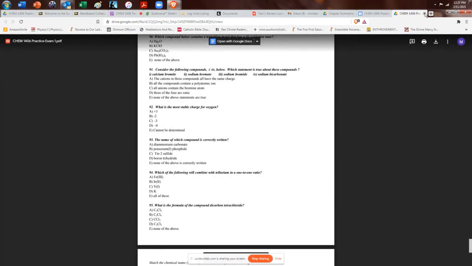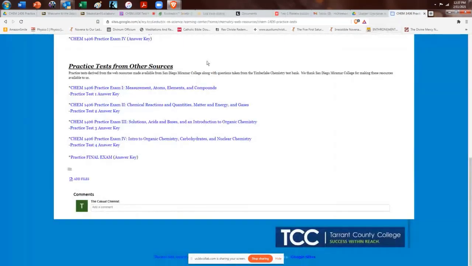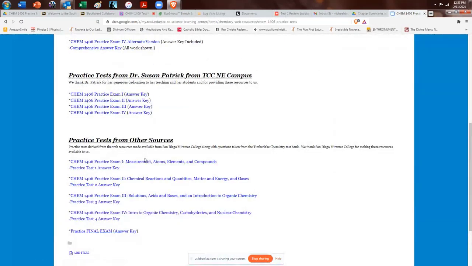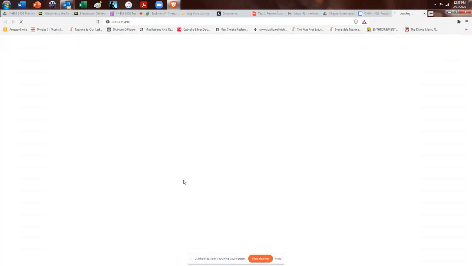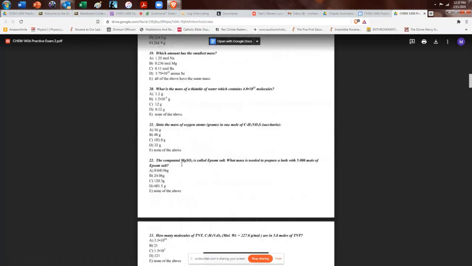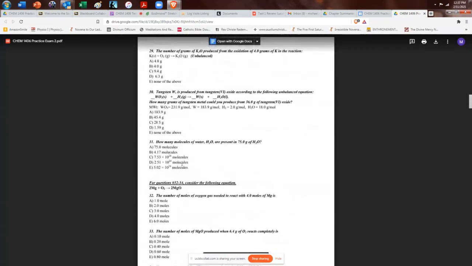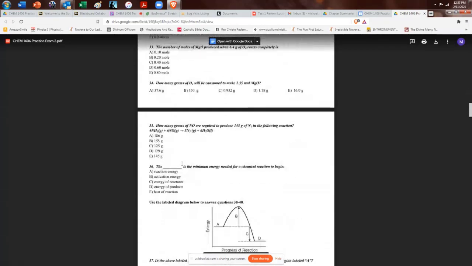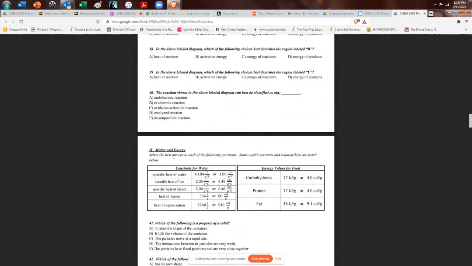So like I said, what I would recommend is to take a combination approach. This one covers everything except the matter and energy. If you want to jump into the next one, practice test 2, the sections are labeled. You can skip to the matter and energy section, which starts, I think, at question 40. Yeah, here it is.